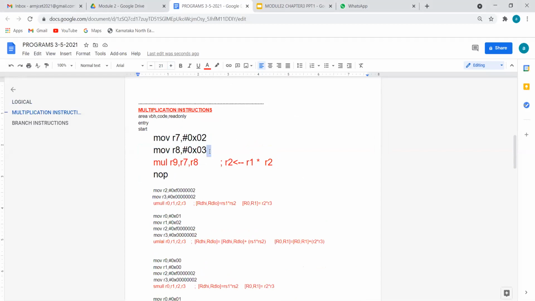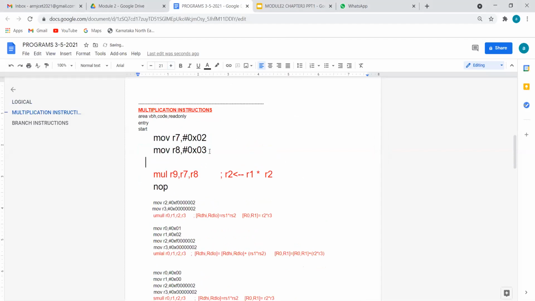Okay, you are right. So what I can do is take one more register, R9. R6 I will take, comma, hash 0x01. Let me take it.